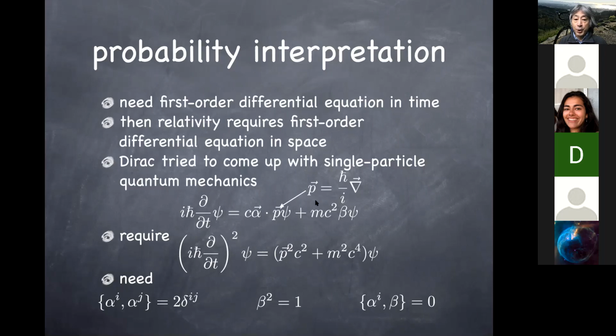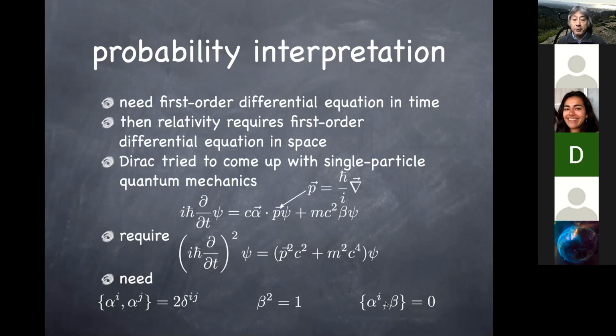But in order to do so, he had to introduce these coefficients, alpha and beta. And for this equation to be also consistent with the relativistic relationship between the energy and the momentum, he needed to have these coefficients alpha and beta satisfy these anti-commutation relations, namely that two different alphas anti-commute, and they square to 1 when they are the same. And same with beta, and alpha and beta also anti-commute.